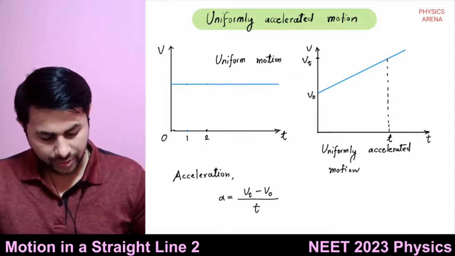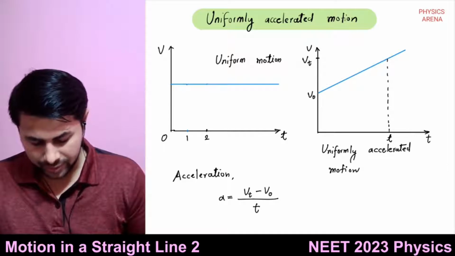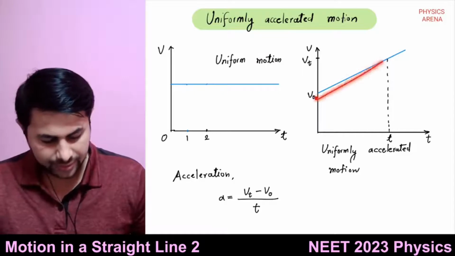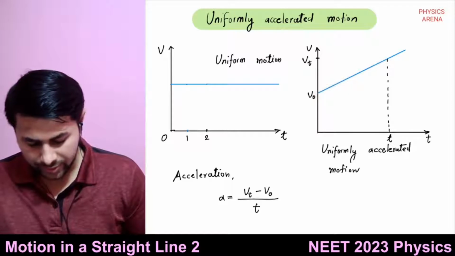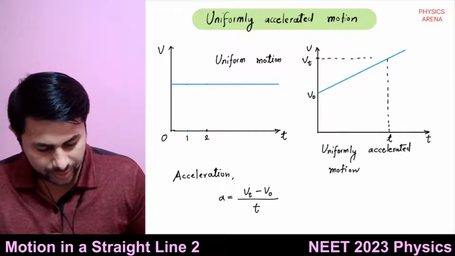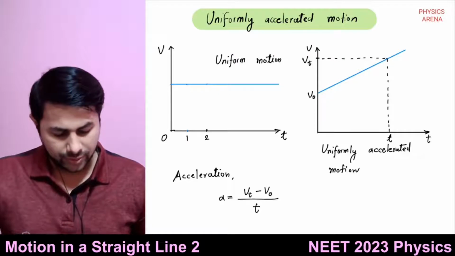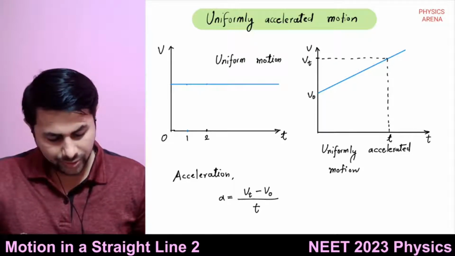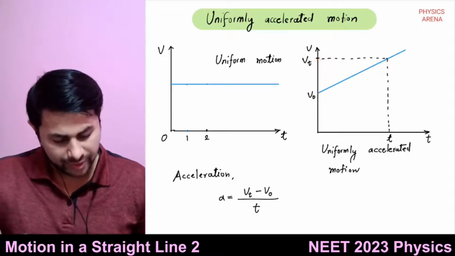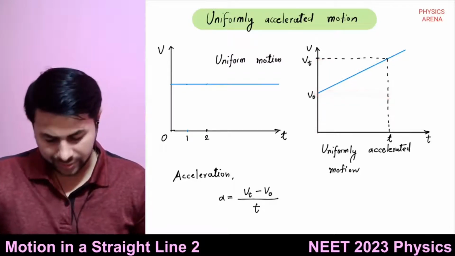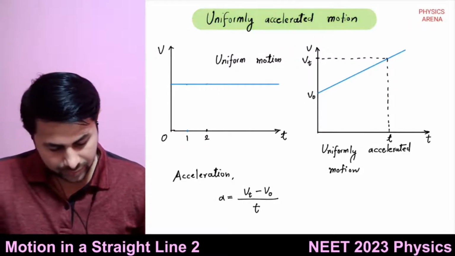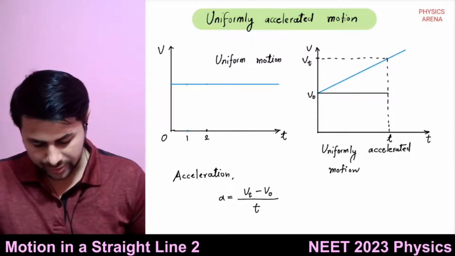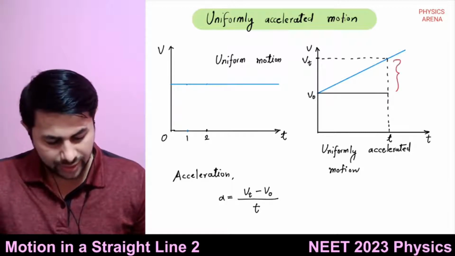If you look at this graph, it is equal to the slope of this line. This acceleration is the slope of this line, right? So if I draw this perpendicular, what will be the slope of this line? Change over the vertical axis, which is this much, divided by change over the horizontal axis. So if I join this point, the change over the vertical axis is this much.